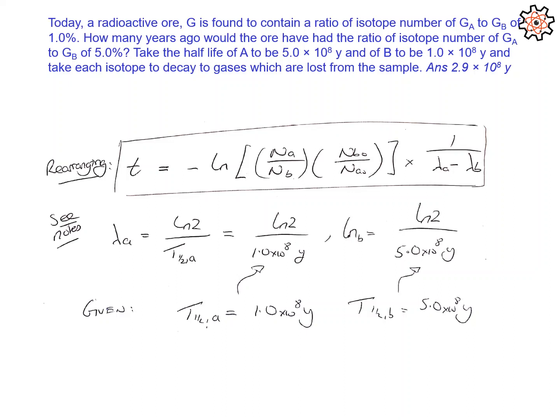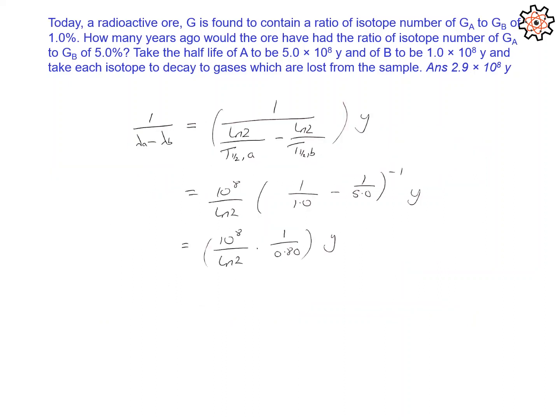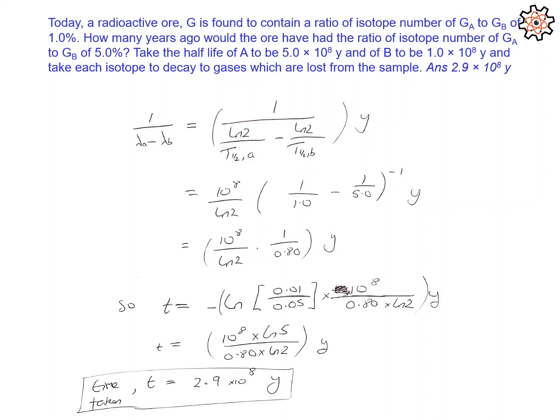Okay, so we can put those two half-lives in, and then we find the time. If we just calculate 1 over lambda a minus lambda b, we can rearrange that to being a little more simple, and then putting that in, t equals everything we know on the right, which comes out to being 2.9 times 10 to the 8 years.